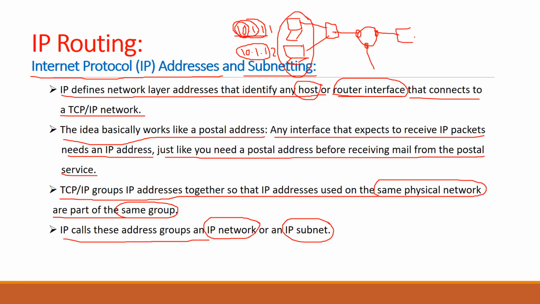Let's assume we have here another switch in another LAN, and PC3 has an IP address of 10.2.1.1, and the subnet consists of the first 3 octets.